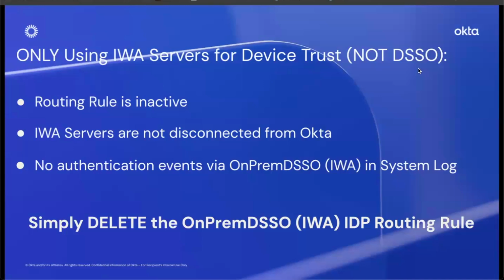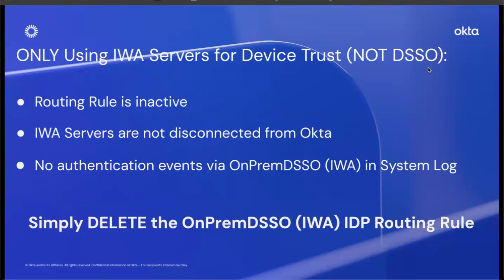Also, if your IWA servers are disconnected from your Okta tenant, so if you go under your delegated auth configurations and you see your IWA servers listed there, but they're highlighted in red and they're not connected, then that is an indication that that flow is not functioning anyway. And so you would then be safe to go ahead and turn that off.